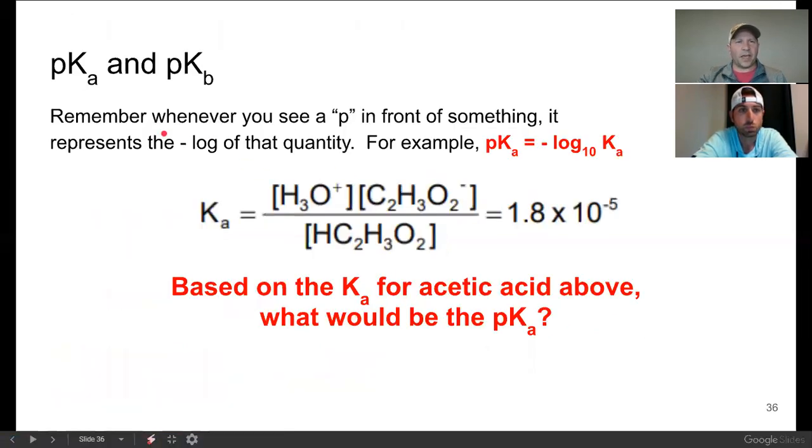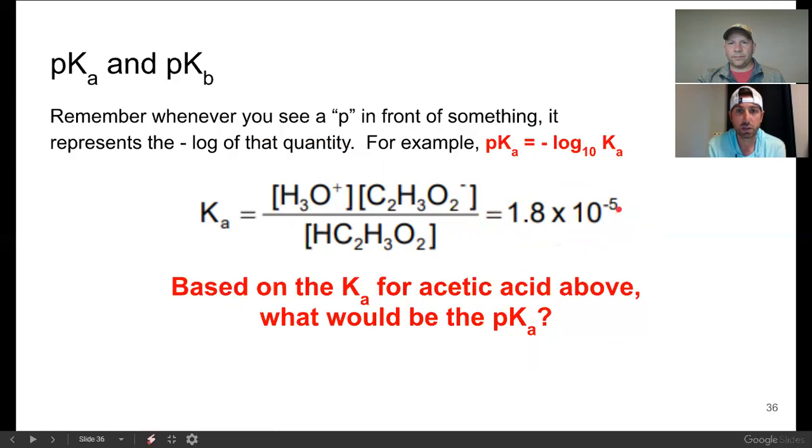What about this pKa and pKb? That looks familiar, right? That little p? In the last video we learned about pH and pOH. Now that we know the Ka, we can also find the pKa by just taking the negative log base 10 of the Ka. You have to find the Ka first, that's the 1.8 times 10 to the negative fifth.